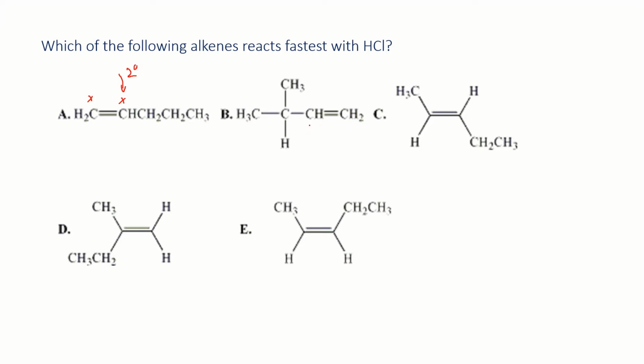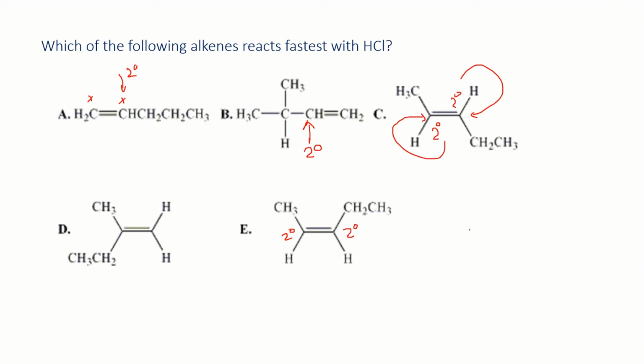Here, this is the more substituted species, which will generate a secondary carbocation. Same thing here, there's a possibility of two secondary carbocations. That's here and here. Here is also a secondary carbocation, and here is a secondary carbocation.